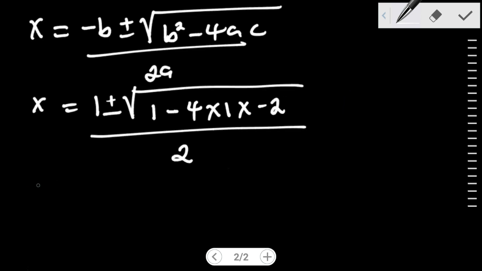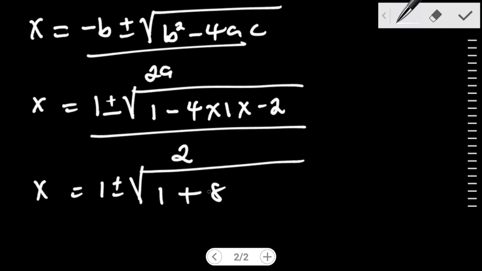Therefore x would be equal to 1 or minus root of 1, so negative times negative, which is a positive, and here I'm going to have 4 times 2, which is 8. Yes, positive 8, so this is 1 plus 8.